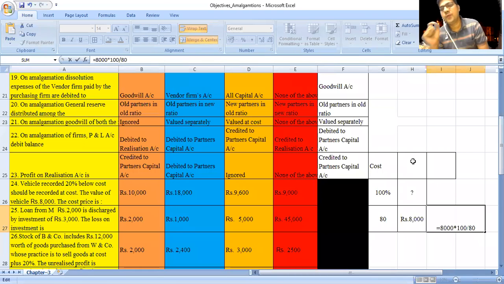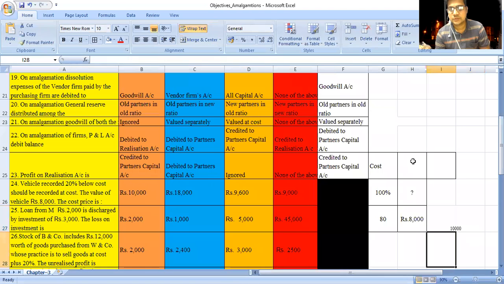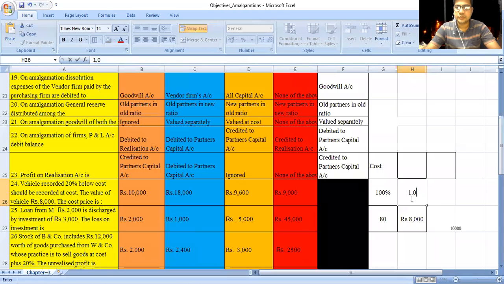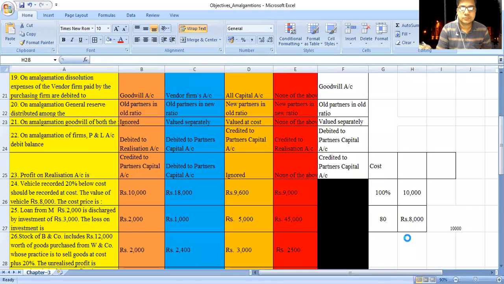So you will get the value of 100%, which is considered as the cost price. So it is 10,000. Our answer is 10,000. So here we have to write 10,000.